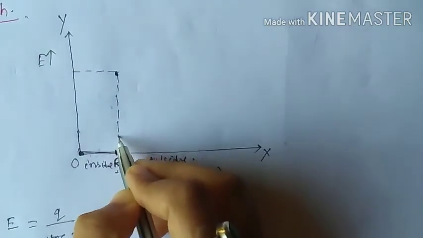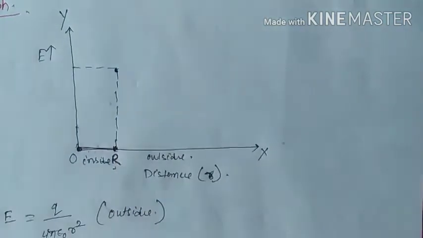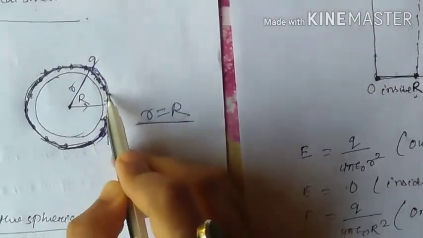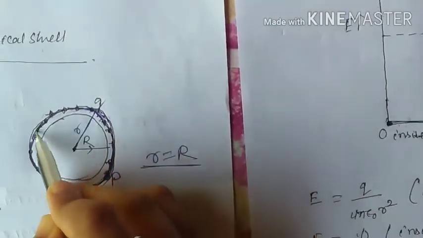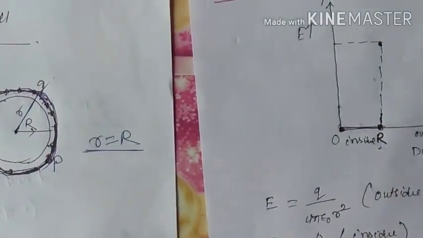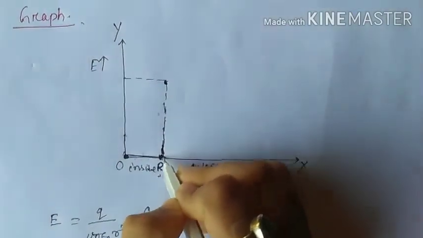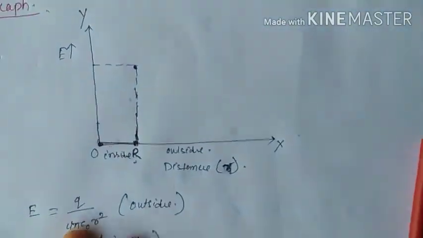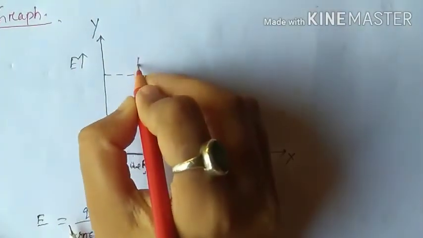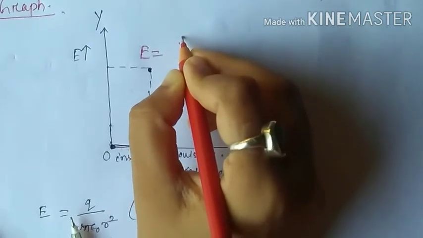When is it maximum? When point P lies on the surface of the spherical cell. Right? On the surface r is R, when r is equal to R. So we can plot this like this. Right? Now, this point is our E when it is maximum, that is on the surface.